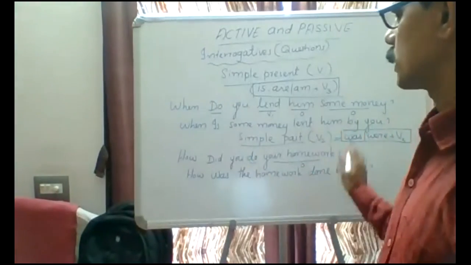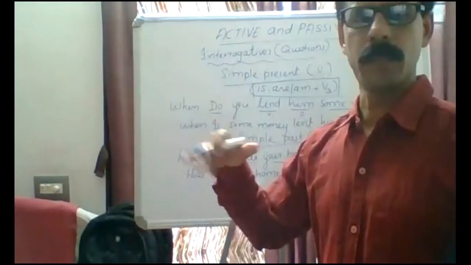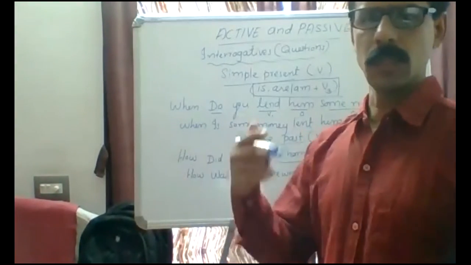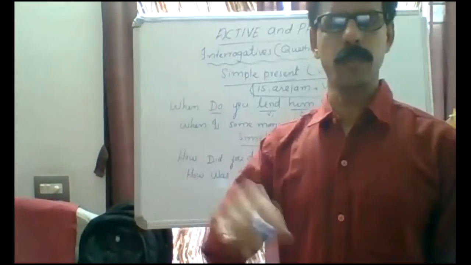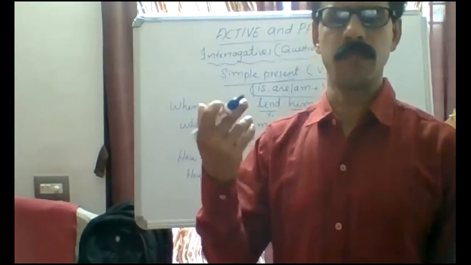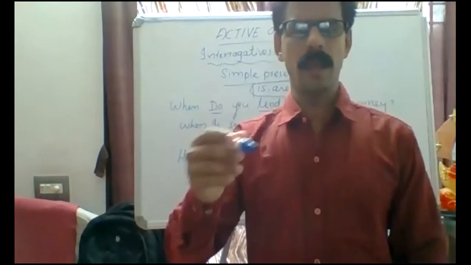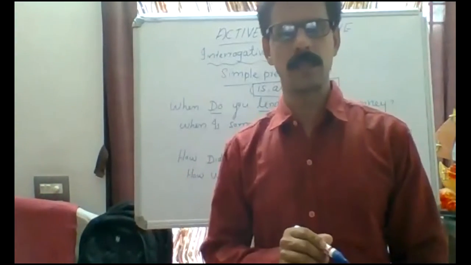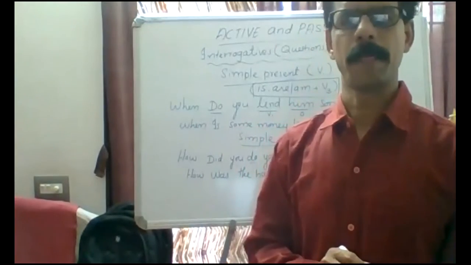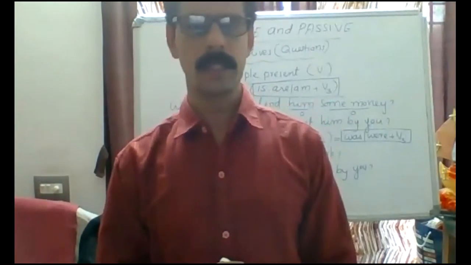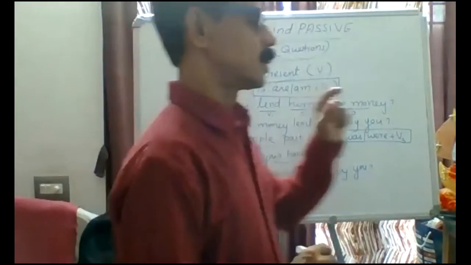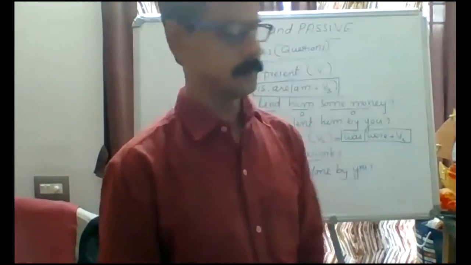First, we change the sentence into the passive of an interrogative yes or no question. And if you want to frame a WH or information question, you just add the question word given at the beginning of the sentence. Yes, you have to add it with the passive voice too. Okay, this is the method of framing questions in simple present and simple past.